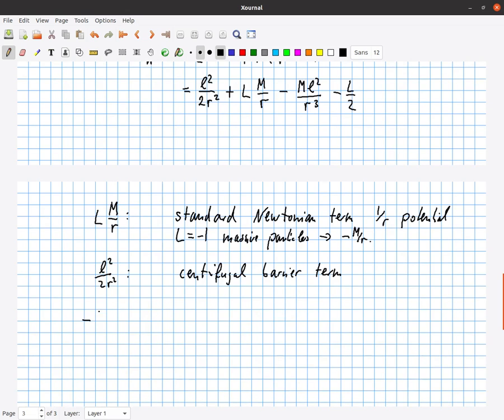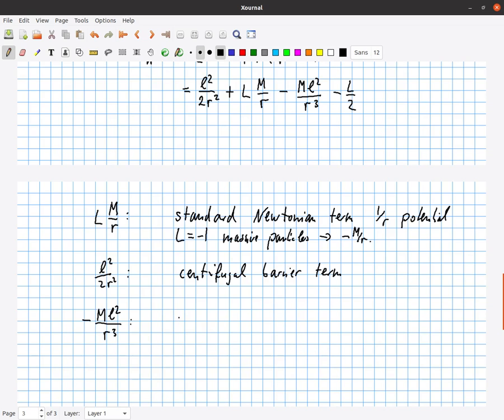This is the interesting term here. This is the one that we should really be looking at, because this term has no analog or no equivalent in Newtonian physics. This coupling of mass and angular momentum is something that doesn't exist when you look at the corresponding Newtonian problem.